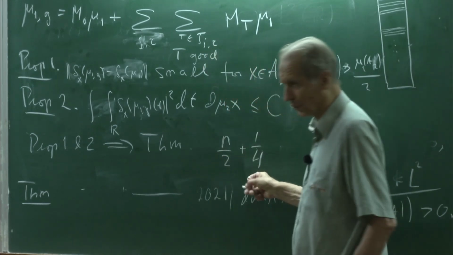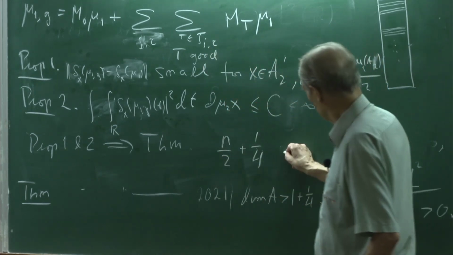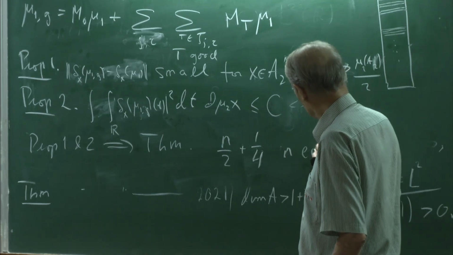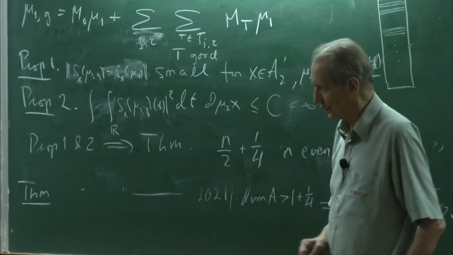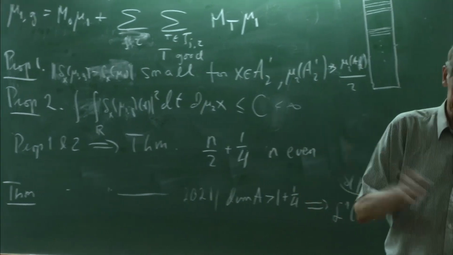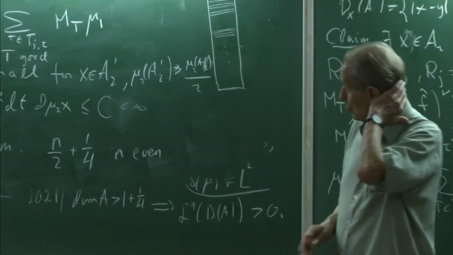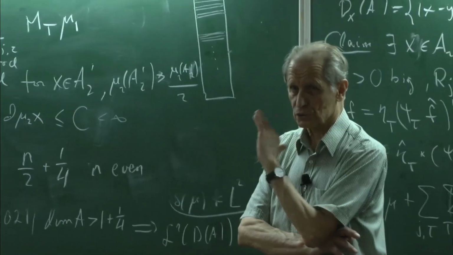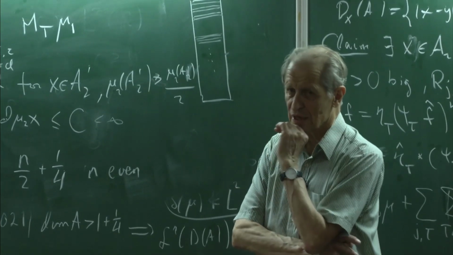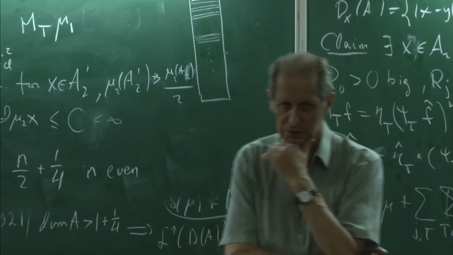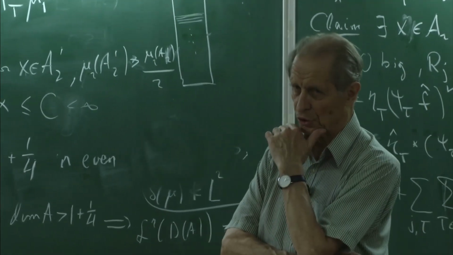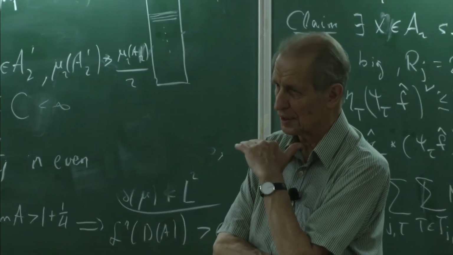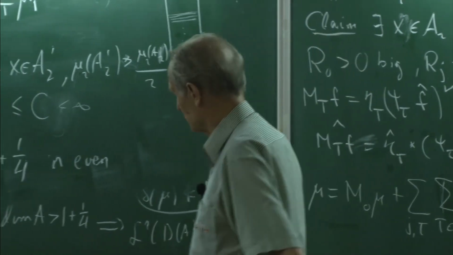So this is the borderline. But only if n is even. And the reason for that is that they projected to n/2 plus one-dimensional planes. They used suitable orthogonal projections. And then in this n/2 plus one-dimensional plane, they used Orponen's projection theorem. And they couldn't do it if n is odd.